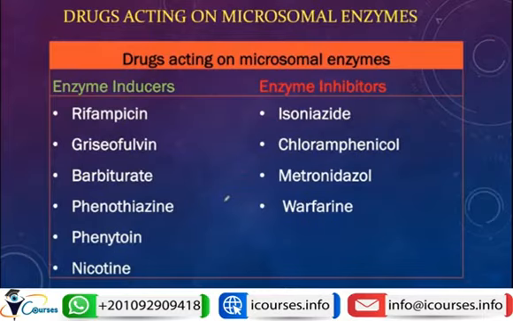There are different drugs that cause enzyme induction or inhibition, so you need to know about them. Common enzyme inducers are rifampicin, griseofulvin, barbiturates, phenothiazine, phenytoin, and nicotine. These increase the activity of cytochrome P450, causing more metabolism.